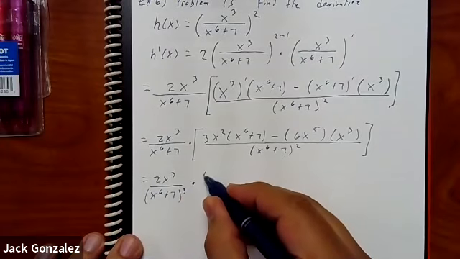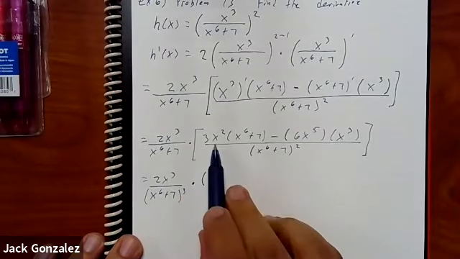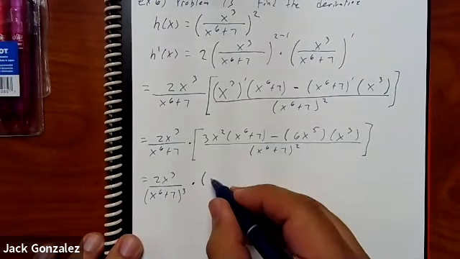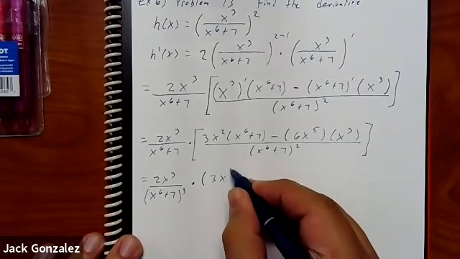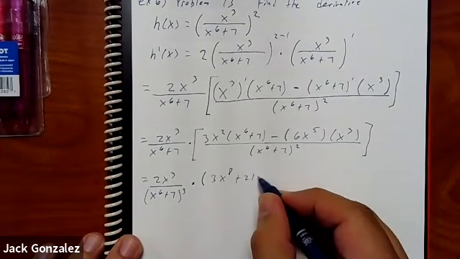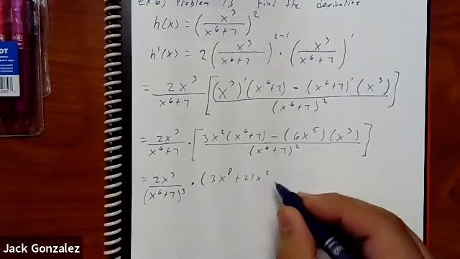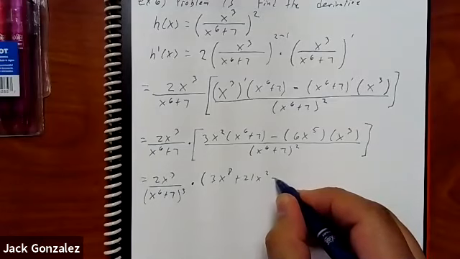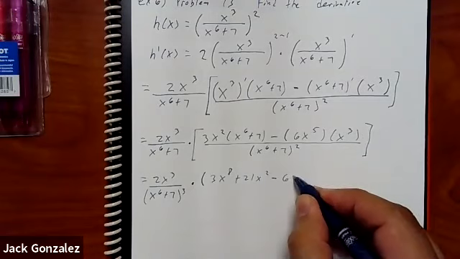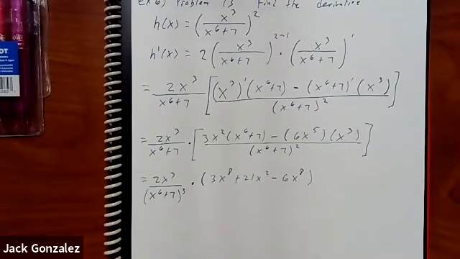Times. So let's simplify all this stuff on top. That will be 3x to the 8. 3x squared times 7 will be 21x squared, minus 6x to the 5th times x cubed will be 6x to the 8th. Alrighty. Now I have to distribute 2x cubed on all of these terms.